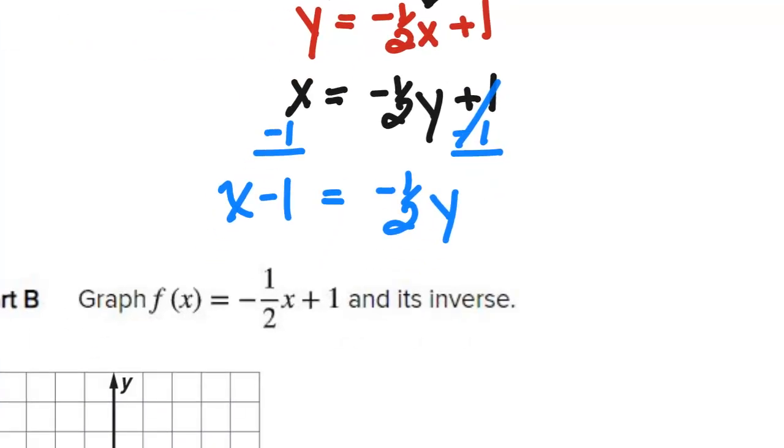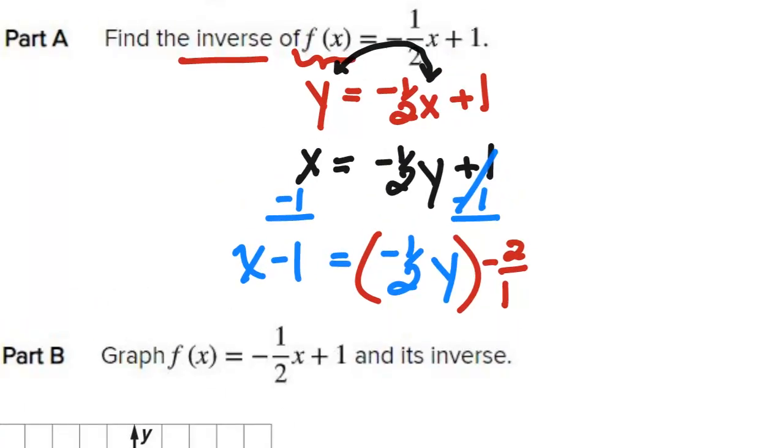Now, if I want to get y by itself, right now y is being multiplied by negative 1/2. So you're thinking I can divide, but we cannot divide by a fraction. Do you remember what we do instead? You multiply by that fraction's reciprocal, which is negative 2 over 1.